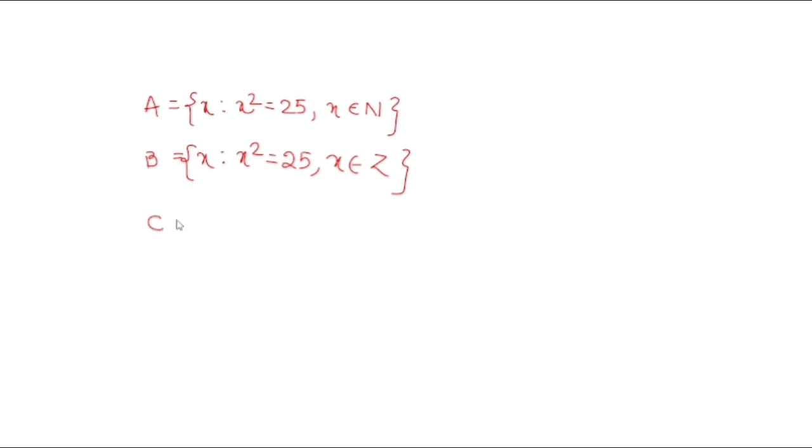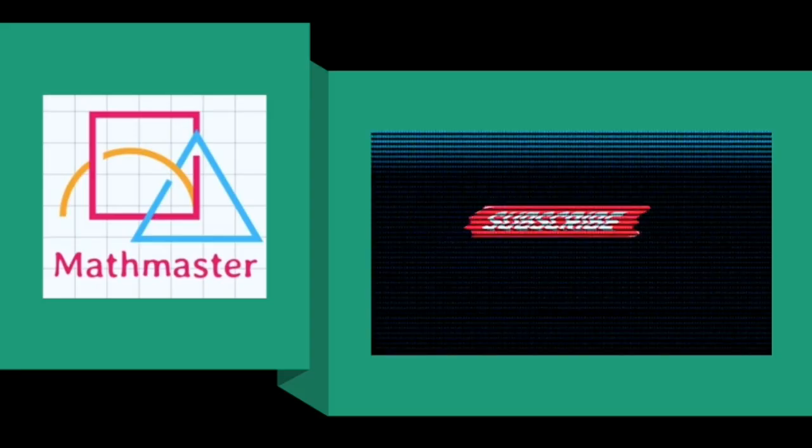And the last one is C, where x such that x square belongs to real numbers. What you have to do is convert it into roster form and find out its cardinal number.